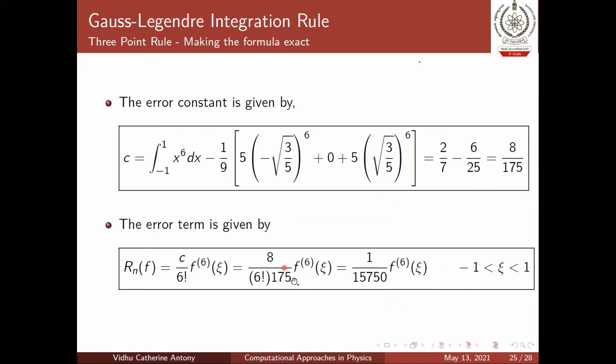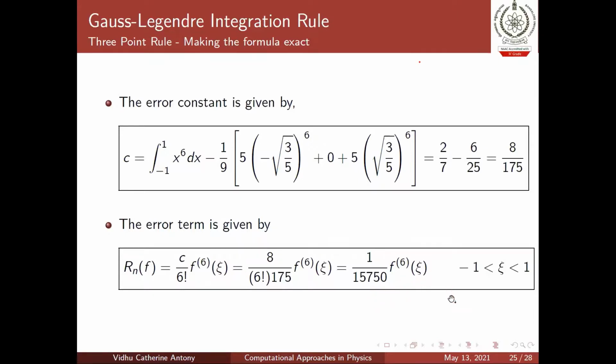Then you substitute this here, you get the error term. Again, not that important, but I'm just writing it down. If you have a descriptive question, this is going to be useful. If you have a descriptive question of 10 marks saying explain Gauss Legendre integration rule, you could use this as well.